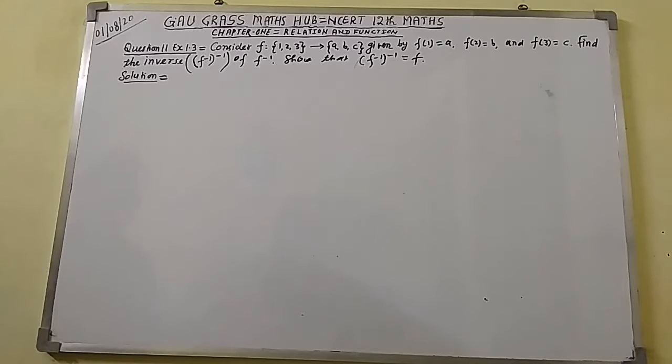Question number 11, exercise 1.3. Consider f from the set {1, 2, 3} to the set {a, b, c}, given by f(1) = a, image of 1 equal to a, image of 2 equal to b, image of 3 equal to c.